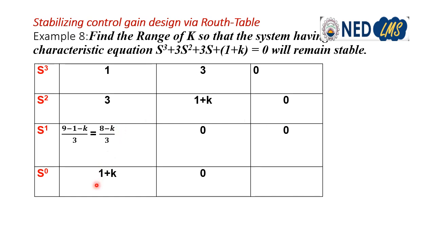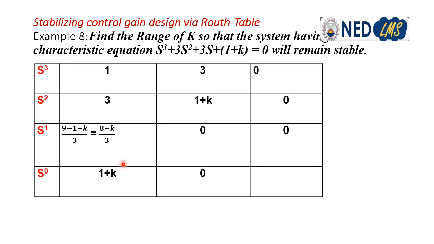Now in the s raised to the power 0 row, 8 minus k upon 3 multiplied by 1 plus k minus 3 multiplied by 0 is actually 0, and the whole term is divided by 8 minus k upon 3. So simply 8 minus k upon 3 multiplied by 1 plus k upon 8 minus k upon 3. So 8 minus k upon 3 will be cancelled in the denominator and numerator, and the answer will be 1 plus k.